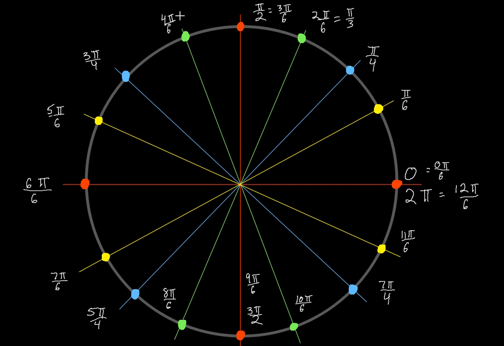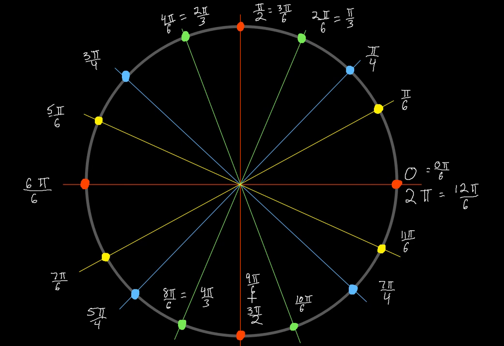Over here, 4 pi over 6 is going to reduce down to 2 pi over 3. 5 pi over 6 doesn't reduce down. 6 pi over 6 reduces to pi, which is what this should be. 7 pi over 6 doesn't. 8 pi over 6 does reduce down. It's going to go down into 4 pi over 3.